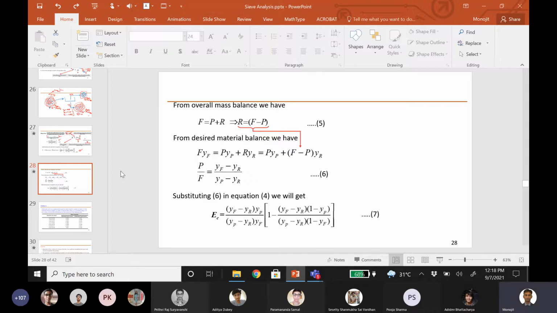But this information you need to know. That is my concern here. If you don't know this information, you cannot find out YR directly from the table, because the individual mass fractions are given. But if you combine it totally, what would be the mass fraction of your desired material is not given.